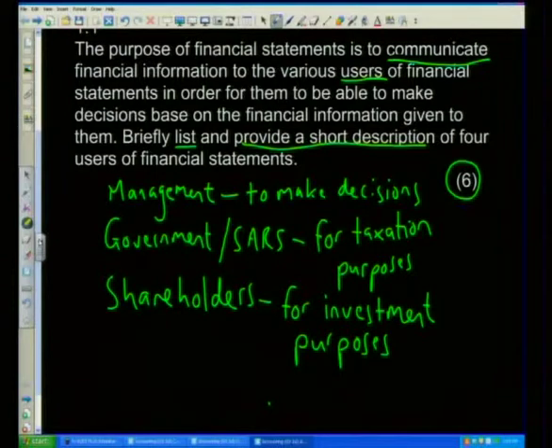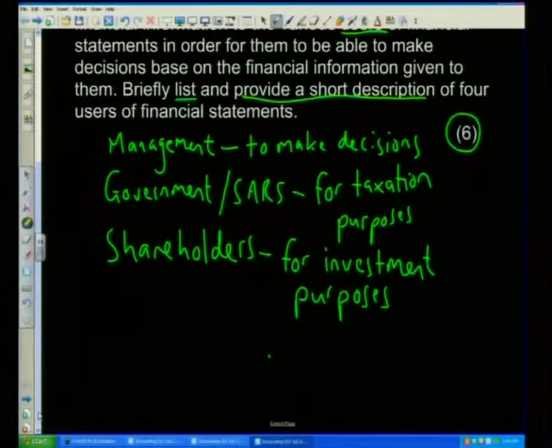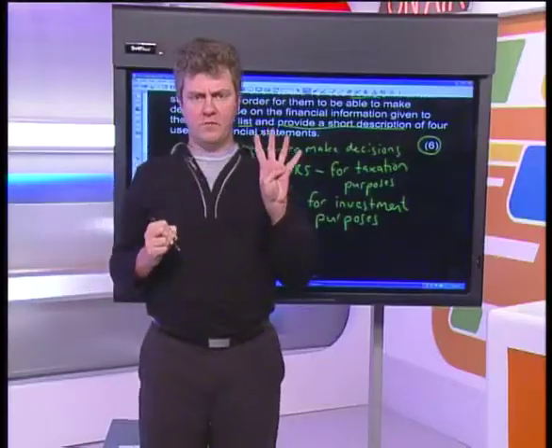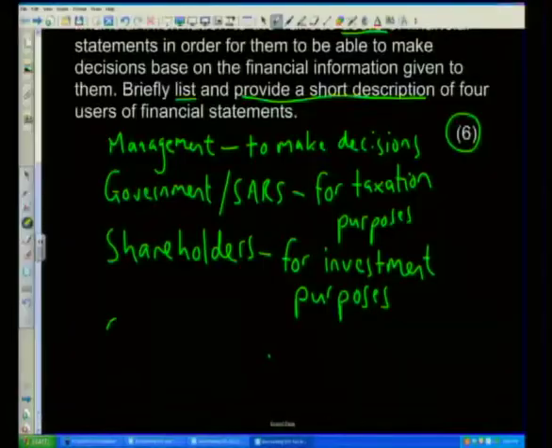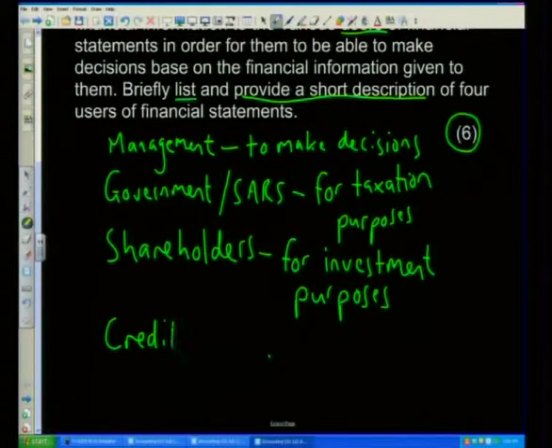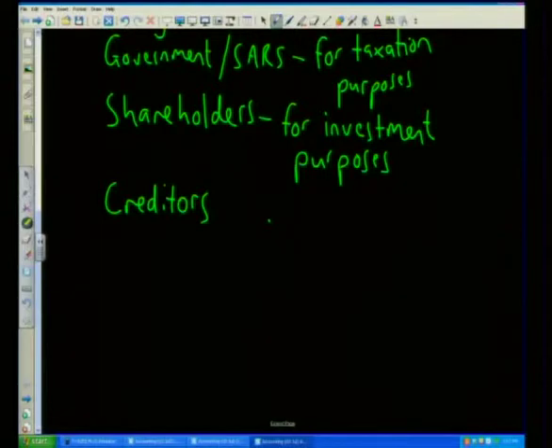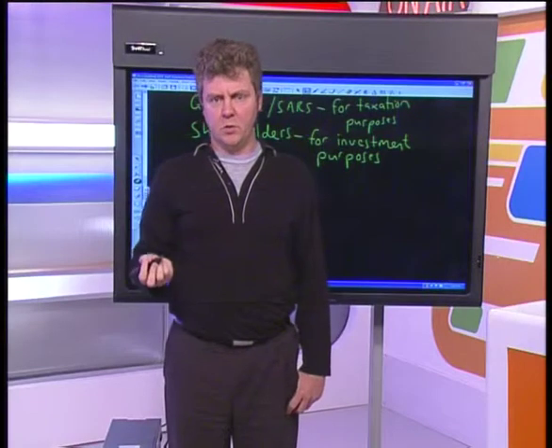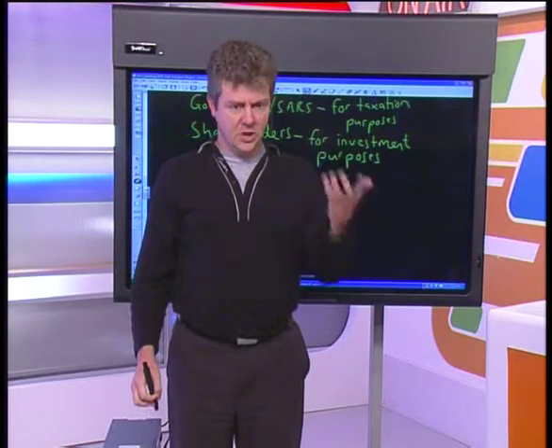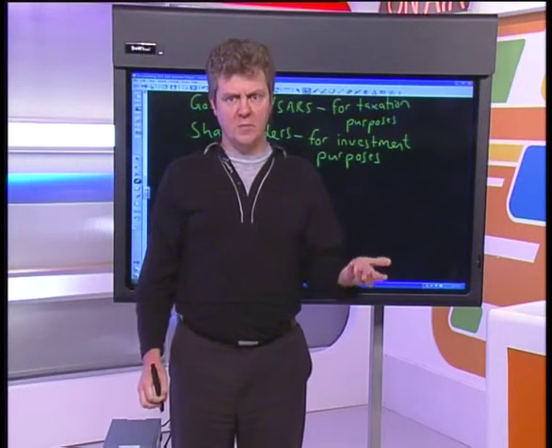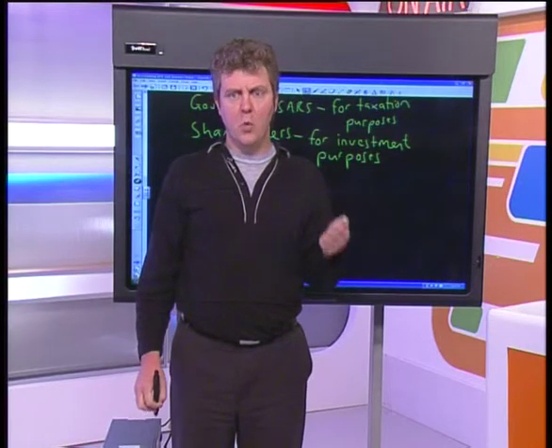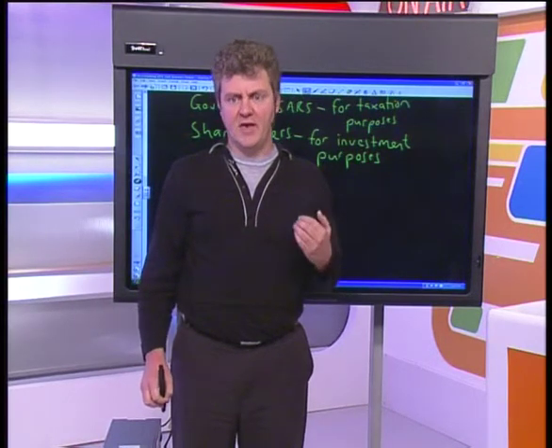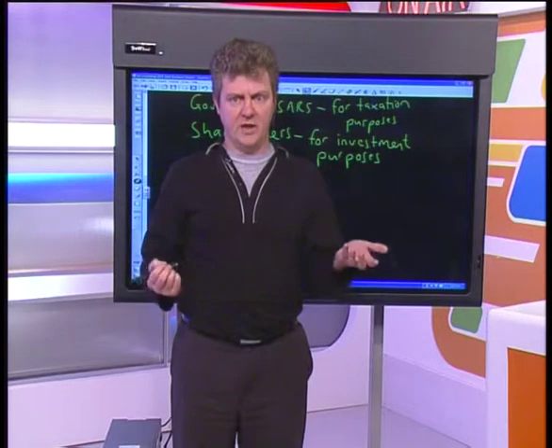Let me just extend the page a little bit to keep writing. Okay, you need to give four different financial users. The last one that I would say that's very important are the creditors of your business. So the creditors of a business are very, very important because when you are buying trading stock or when you're buying equipment or when you're buying vehicles from a creditor, that creditor is going to want to know whether or not you'll be able to pay them back so that they can determine how much credit they're going to give you.